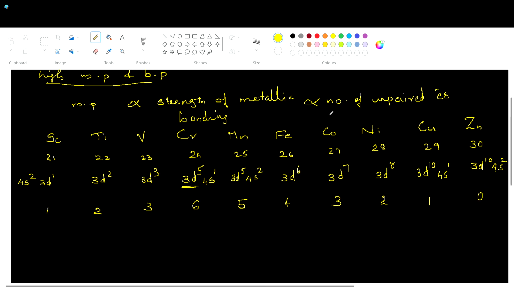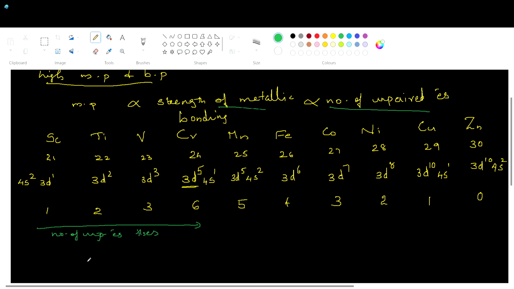So as we already discussed, as the number of unpaired electrons increases, metallic bonding becomes stronger and melting point increases. So initially from scandium to chromium, what happens? The number of unpaired electrons increases, right?